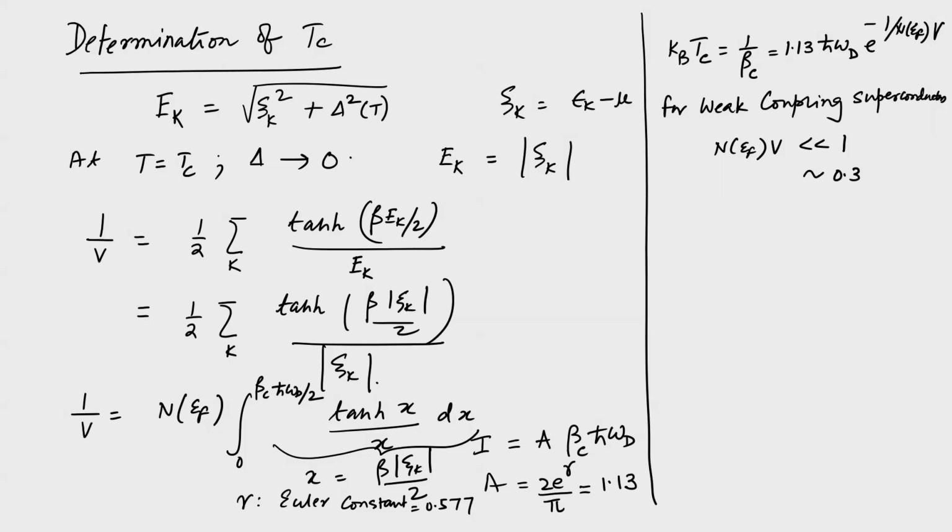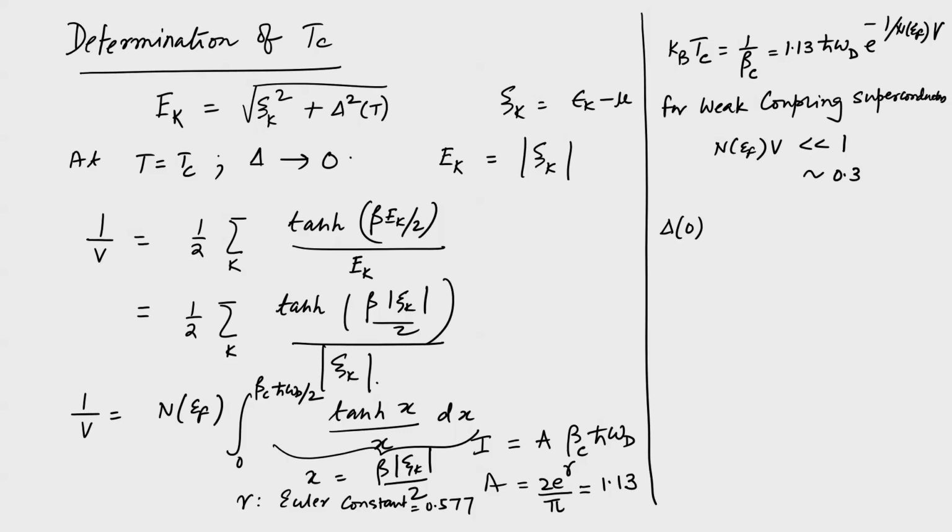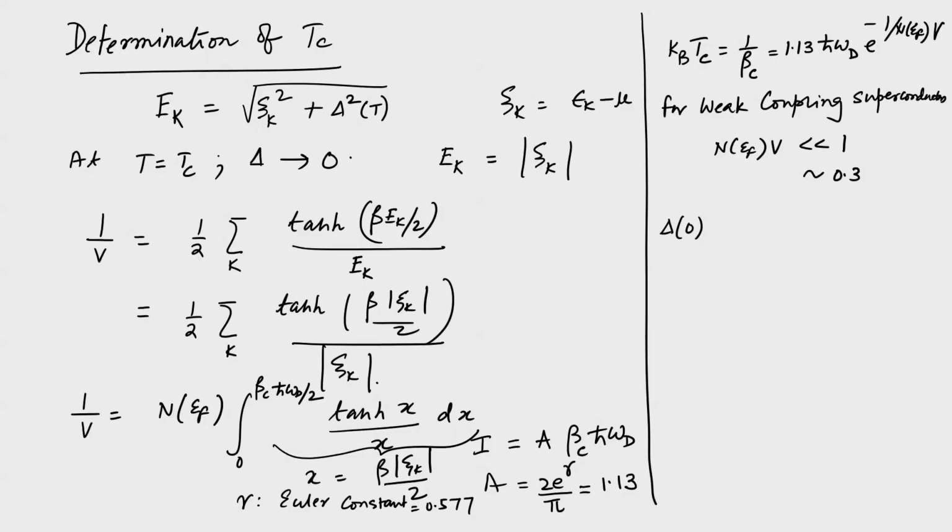So, this tells you about delta at 0. Now, if you remember, we also have a form for the delta at 0, which is basically the magnitude of the binding energy of 2 fermions or 2 electrons measured from the Fermi surface, the individual Fermi surfaces, which also has a form very similar to that.